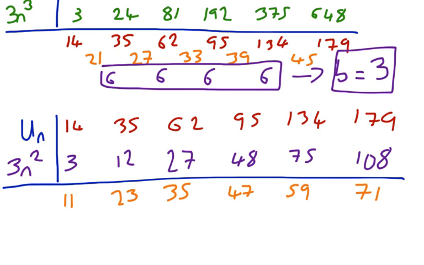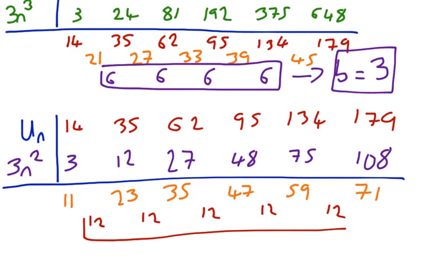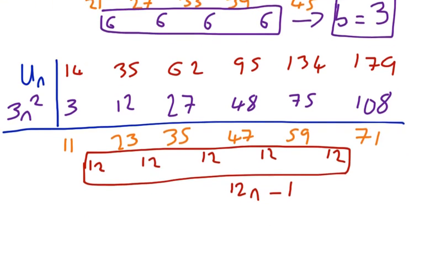Now we find the differences of this sequence, and that is 12, 12, 12, 12 and 12. So this time we've got a linear sequence because the first difference is 12, and the linear sequence is 12n, and then to get from 12 to 11, the first term, it's minus 1.